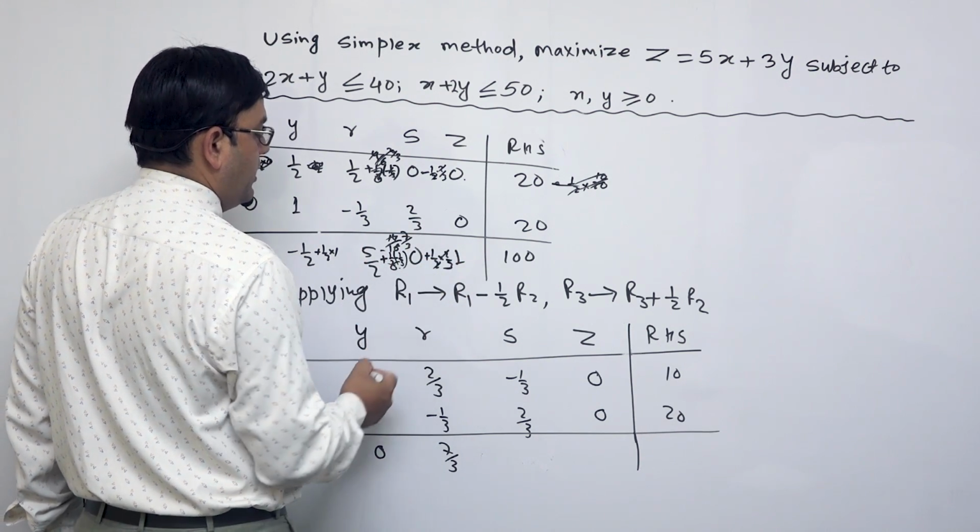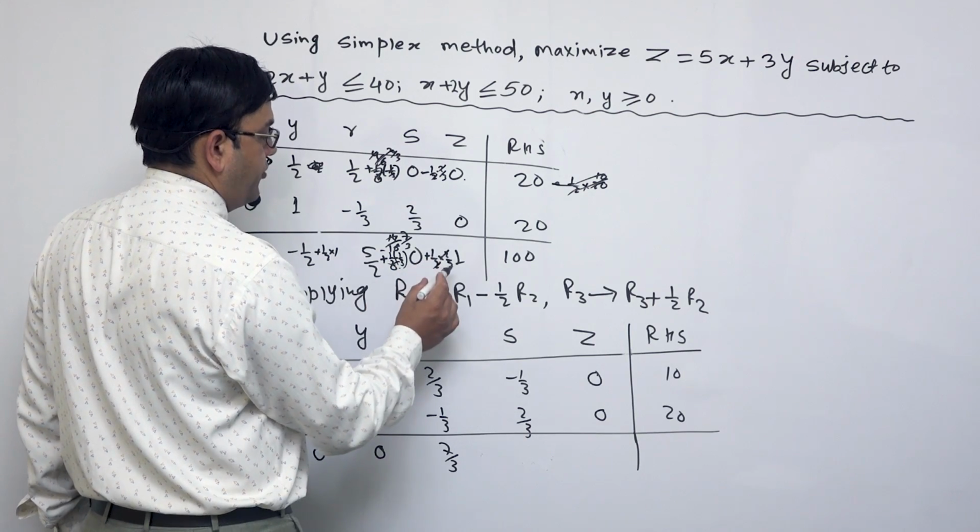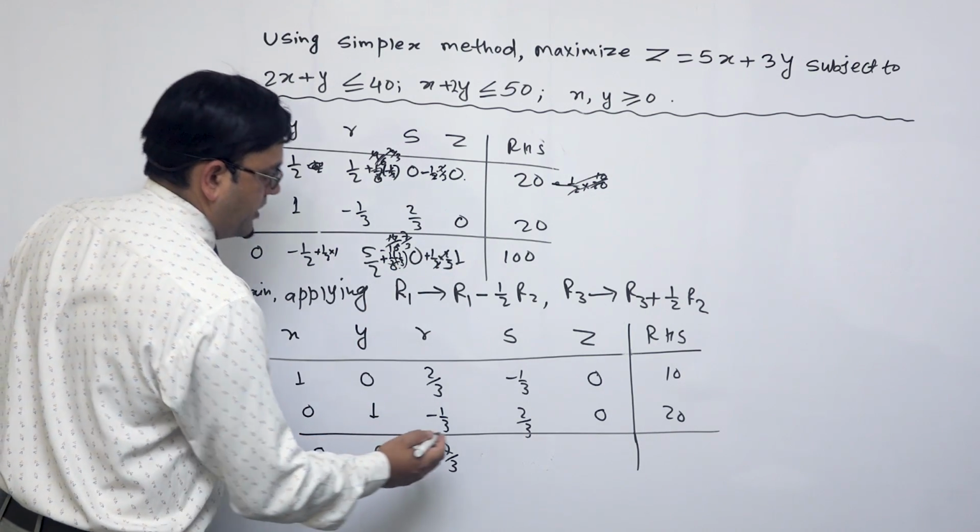So 2 to cancel. So 0 plus 1 by 3 is 1 by 3.